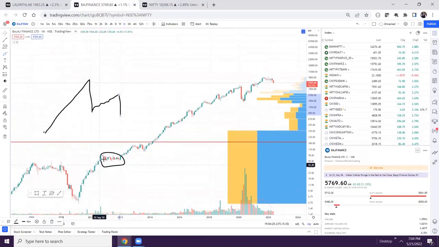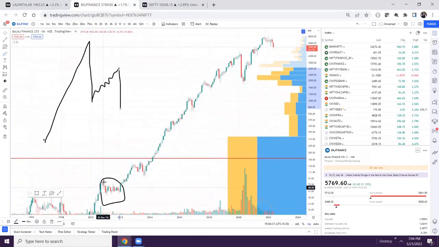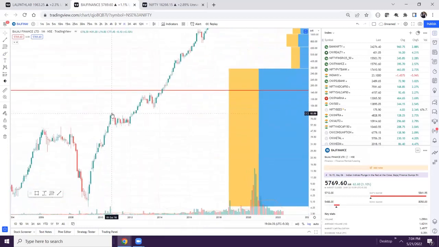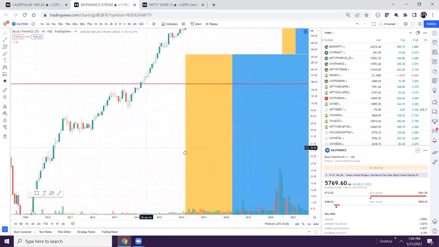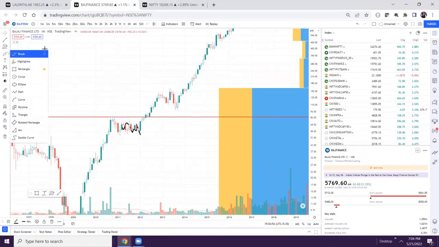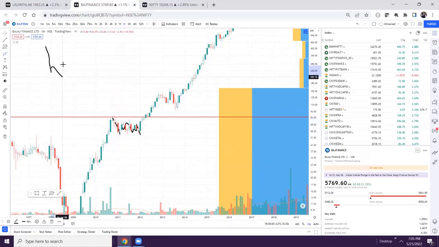You can see there is a fast move to the downside, and then you see this part. This is a correction, and then you will again get one move. This is a short correction, but let me draw the pattern it is forming. This is one down move, then there is a corrective part, and then there is one more down move.